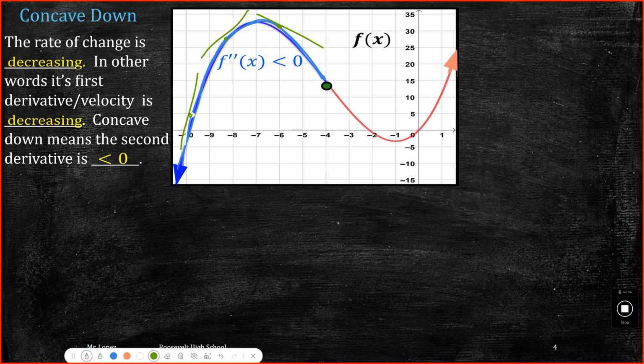Then you have an inflection point where the slopes start going positive. Even though here the slopes are negative, and then the slopes are positive over there, the slopes start to increase.